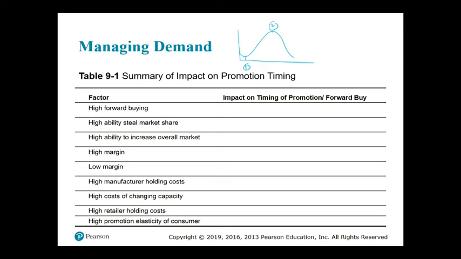Given the different factors here, does each factor make us more inclined towards promoting off-season or peak season? The first factor is high forward buying. A lot of the increased demand is due to forward buying instead of the other two reasons.